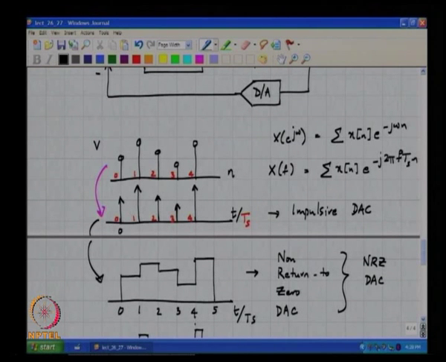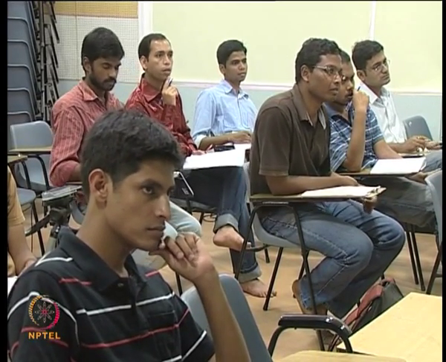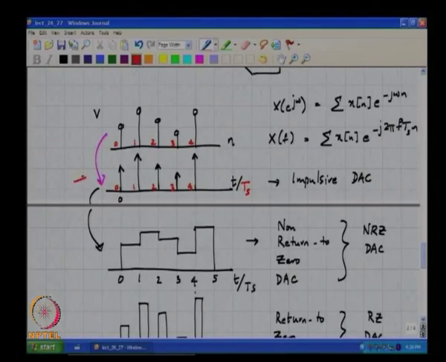Or another way is, pass it through a filter. Please note that once you know the spectrum of the impulsive DAC, finding the spectral properties of the NRZ DAC or the RZ DAC or the exponentially decaying DAC are all very straightforward.